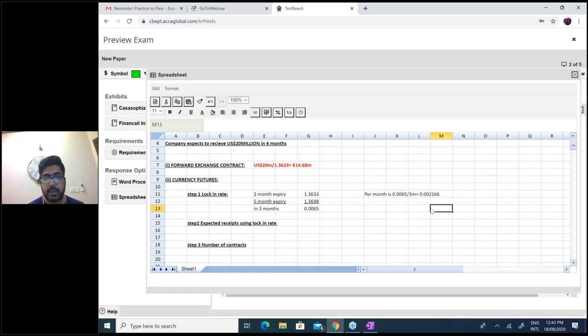So now it's rising by 0.002166 per month.